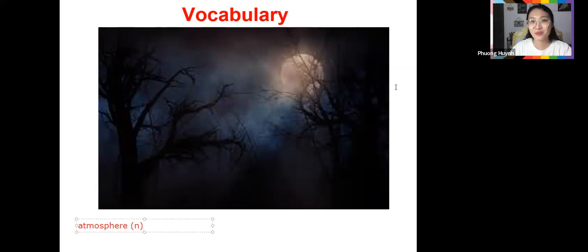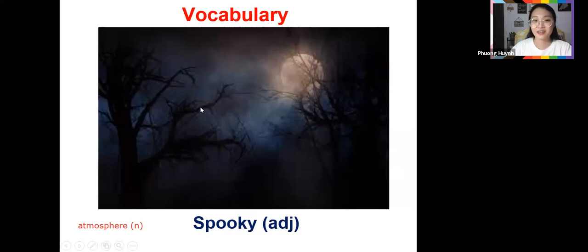Dark. Yes, correct, the atmosphere is dark. Can anyone give me a few more words? So the dark atmosphere. Any other? Overcast. Horror. And I have another adjective, spooky.